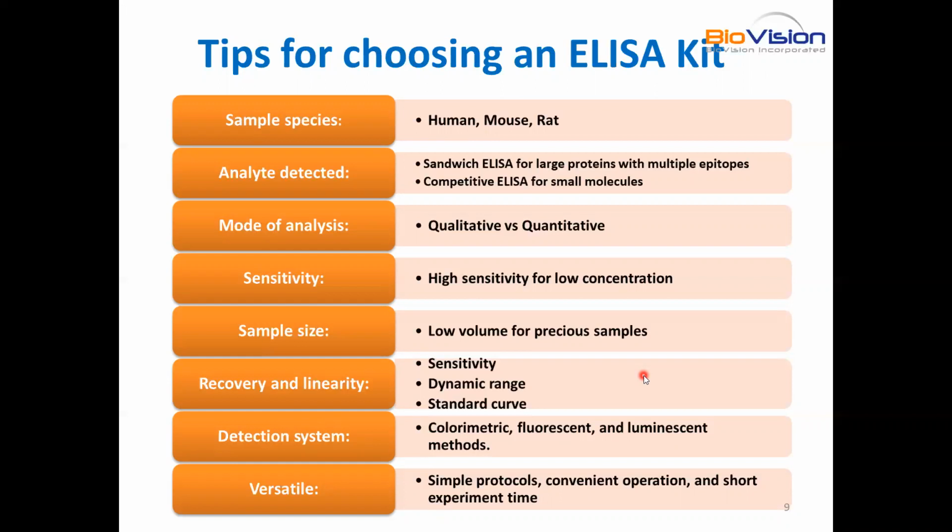So if they know what kind of protein or analyte they want to detect, they can choose the ELISA kit based on that. So if they have a large protein with multiple epitopes, they can go for sandwich ELISA, and if they have a small molecule that they want to detect in their sample, they can go for a competitive ELISA.